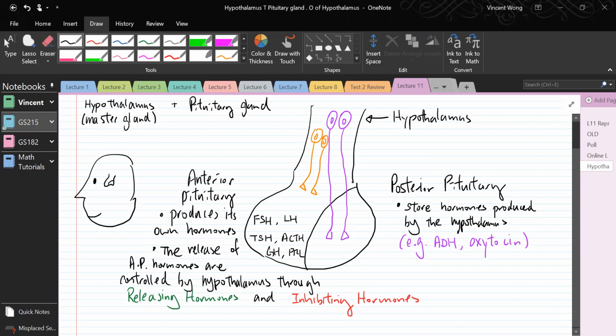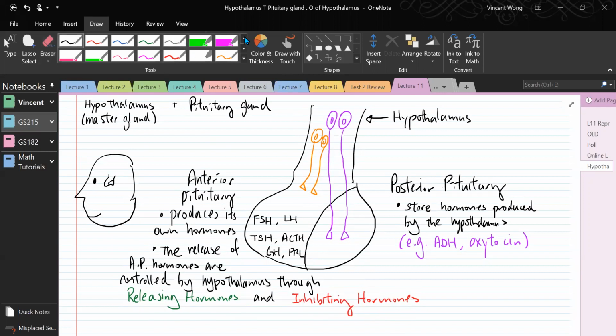Now, the point I'm trying to make is that each of these hormones will be regulated by a specific releasing hormone and a specific inhibiting hormone. And these hormones, the releasing and the inhibiting hormone, come from these neurons in the hypothalamus. Not the ones that go all the way to the posterior pituitary gland, but the ones that stop just right here.